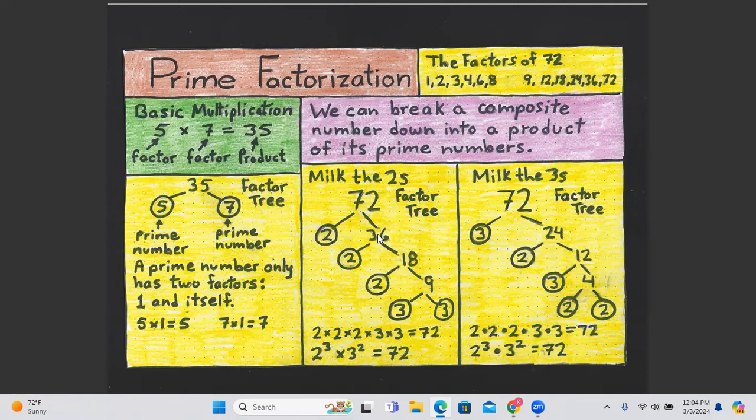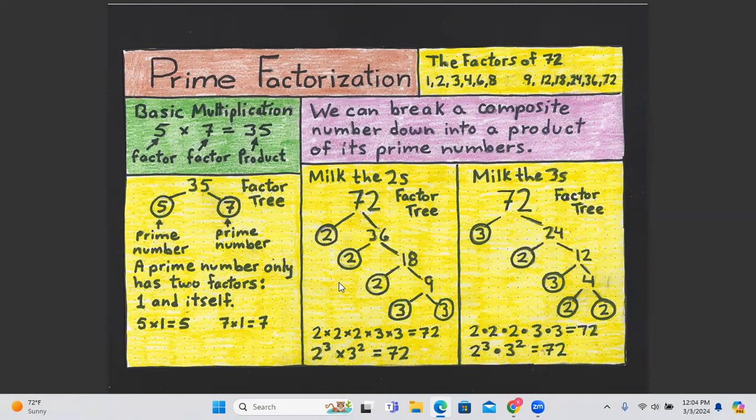But in this case, we're just going to milk out the prime number 2, because we know that 2 times 18 will equal 36. 18 is also a composite number. We'll milk out a 2 right here, and we know that 2 times 9 will give us 18. But 9 is also a composite number, believe it or not. And its prime factors are 3 times 3.